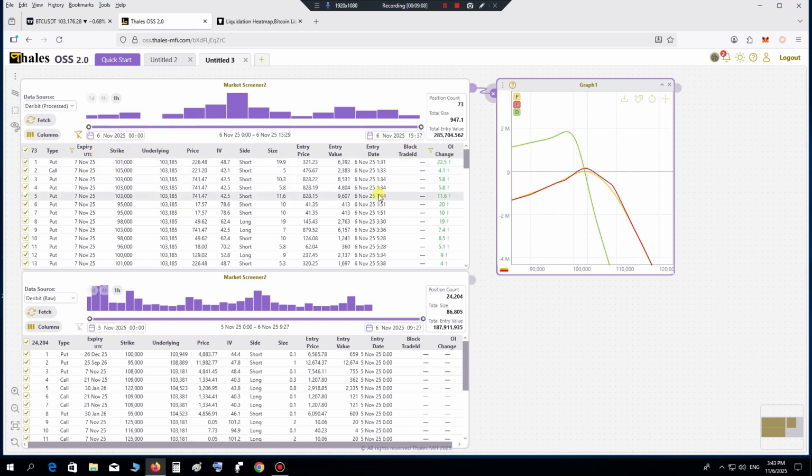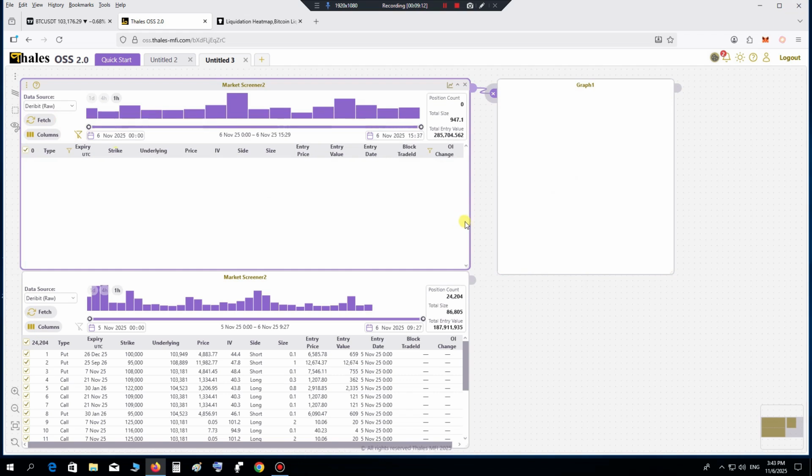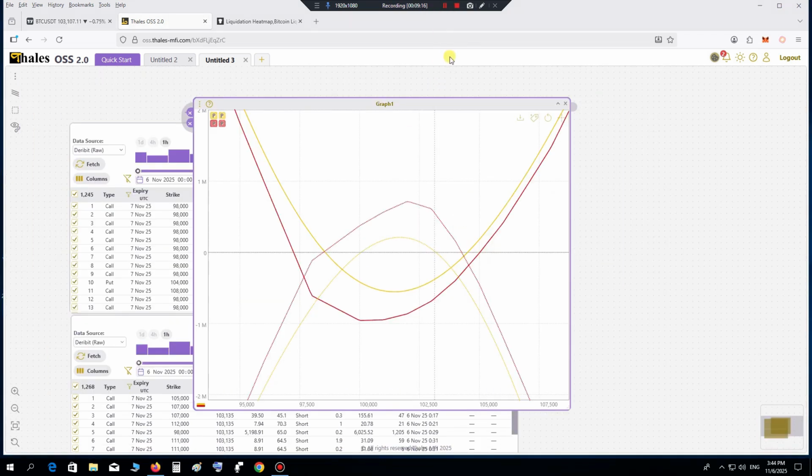Let's move on to drawing the zones and updating the indicator. Well, as you can see, the intersection of buyer and seller opinions, both are at a loss. The upper agreement is at 104,500.